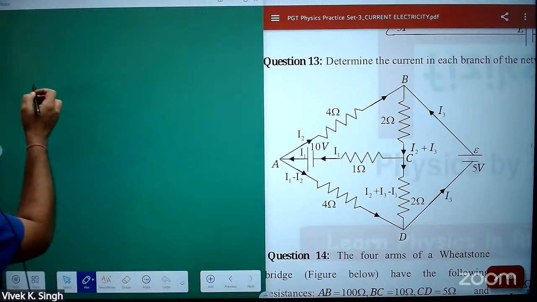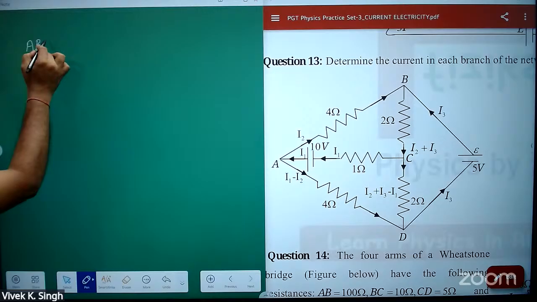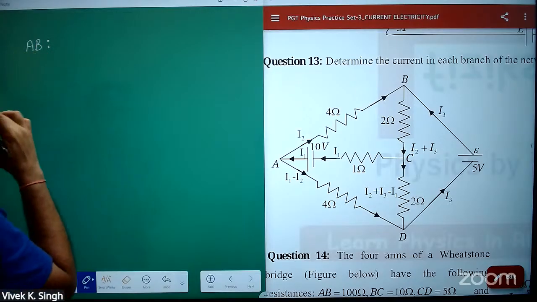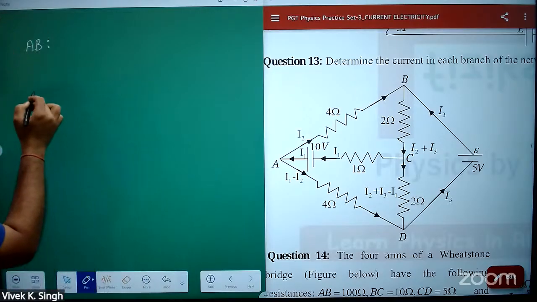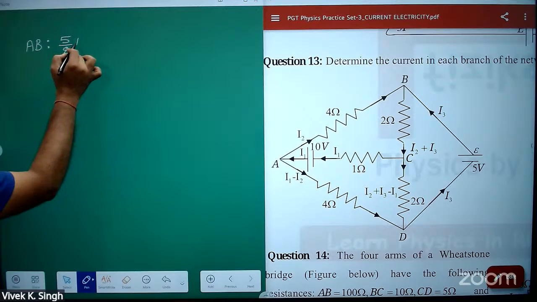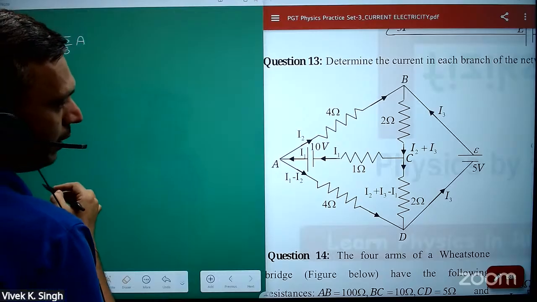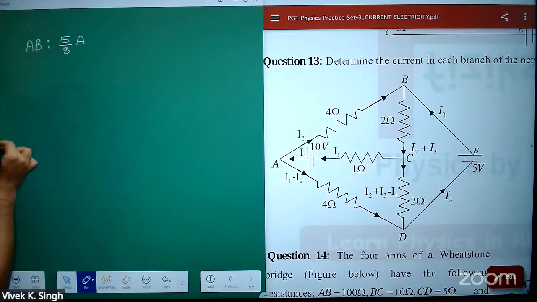So let's see branch AB. In branch AB, current is I2. I2 is 5 by 8 ampere. Then you have AD.